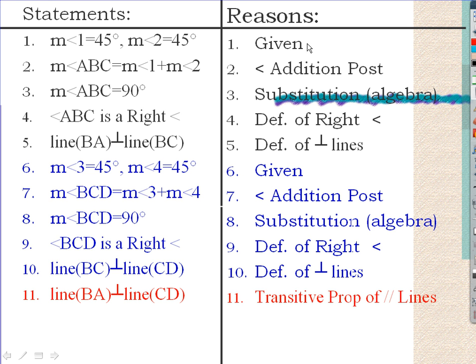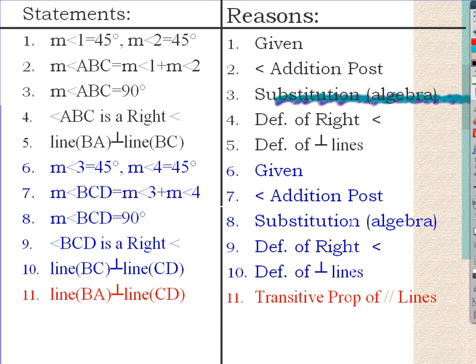The measure of angle ABC, that was that top corner, equals the measure of angle 1 plus the measure of angle 2. That's angle addition postulate. And its value was 90 degrees. I would argue that statement is pretty obvious. I don't care what you put for that, literally. Technically, it's substitution, but you could just say addition, arithmetic, algebra. I don't care.